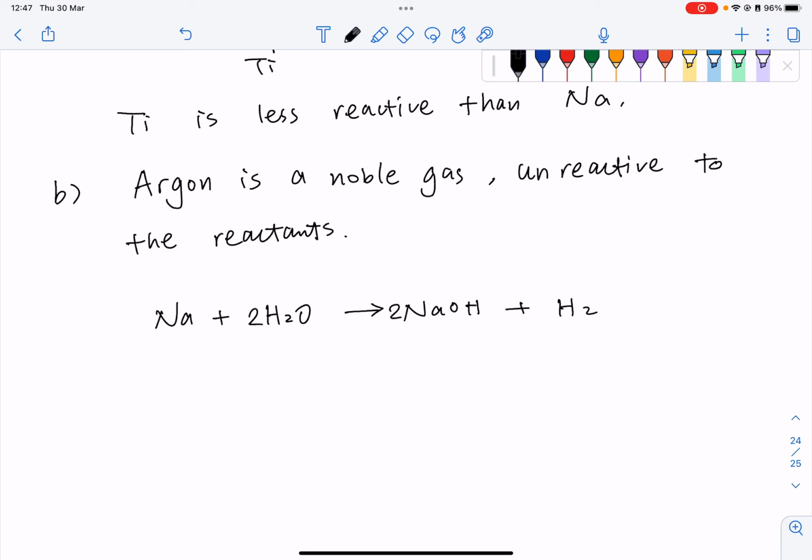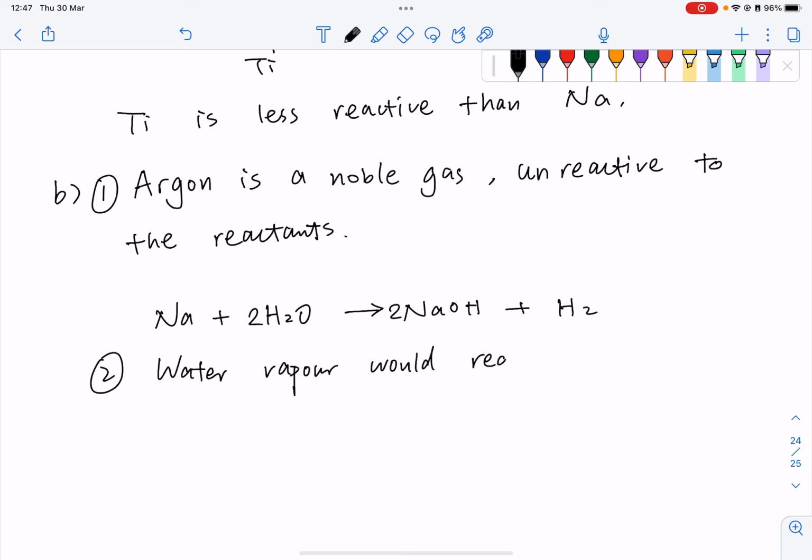So this is the first point that you will get 1 mark. The second point is the water vapor would react with sodium. That's the reason why we cannot use air that contains water vapor, right? So if you answer these 2 points, then you will get 2 marks for that.